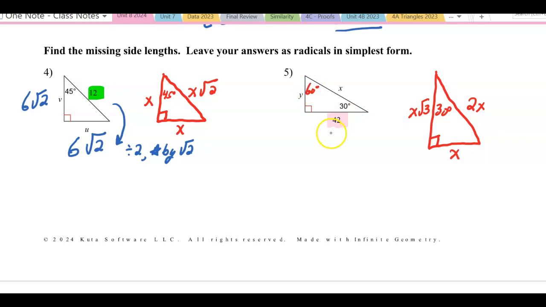And the pattern that we learn in order to find the short leg, we're going to divide by 3 and then multiply by the square root of 3. So 42 divided by 3 is 21, so the short leg is 21 square root of 3. Then to get the hypotenuse, we're going to multiply by 2. So 21 times 2 is 42 square root of 3.